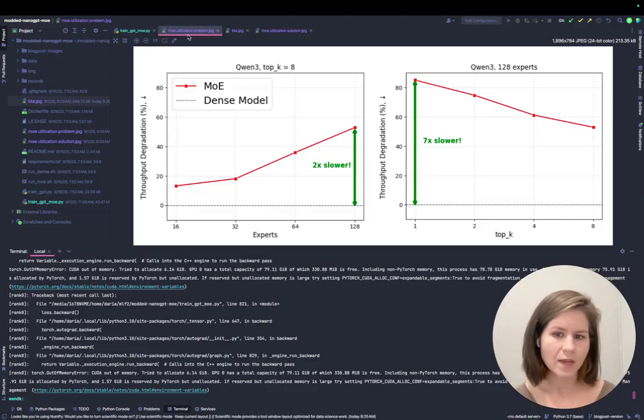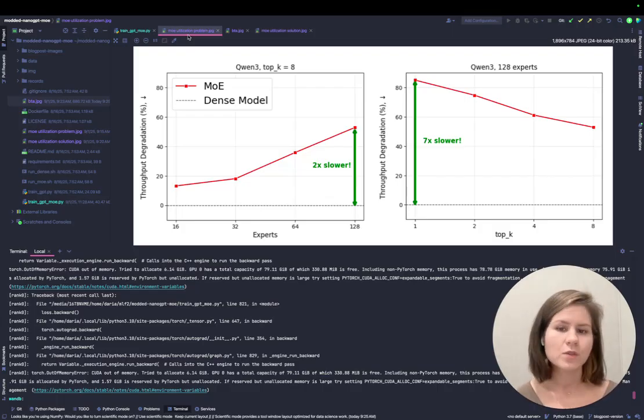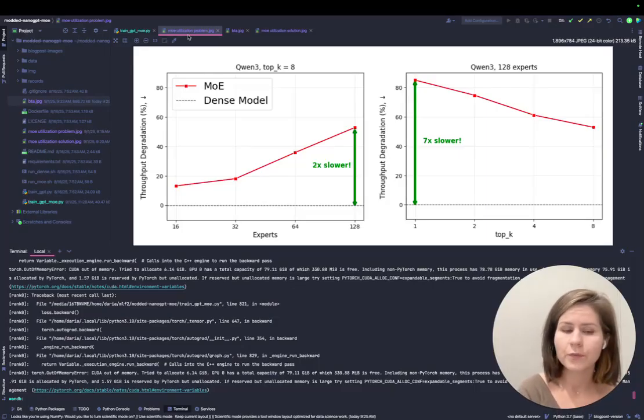On the left side, we are sweeping the number of experts and fixing the number of active experts at 8. Increasing the number of experts, or going to the right, induces more sparsity into the MoE model. On the right side of the picture, we are fixing the total number of experts at 128 and varying the number of active experts per token.